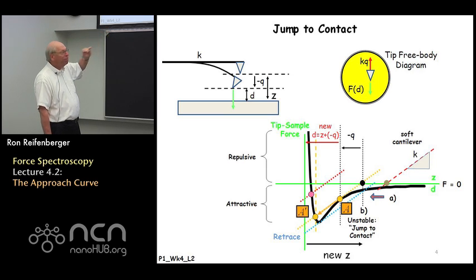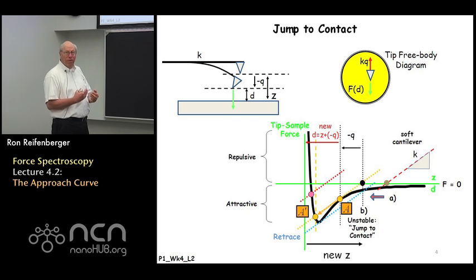And whenever that happens, the situation is unstable, and any slight perturbation in the system will cause the cantilever to jump, literally jump, from the position A to the position A prime. And this is referred to as jump to contact. Where that occurs is solely determined by the cantilever spring constant K and the detailed shape of that tip surface interaction force.